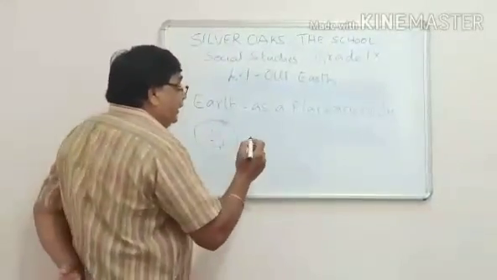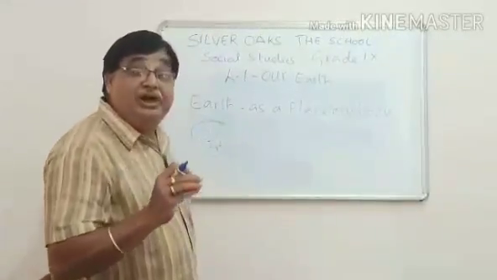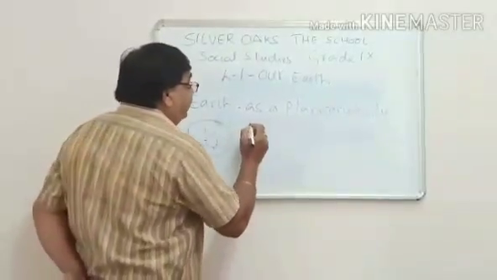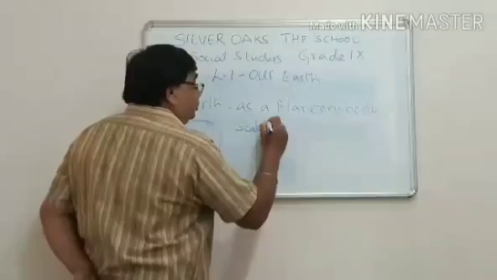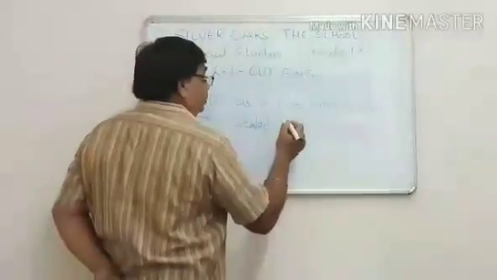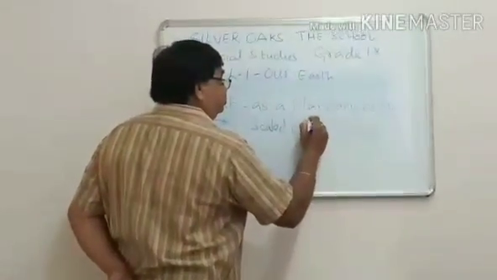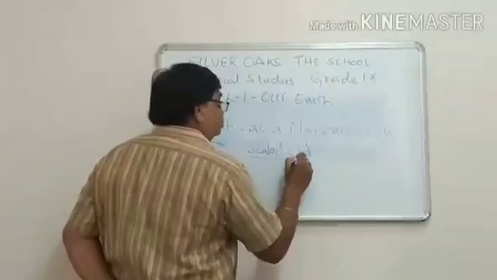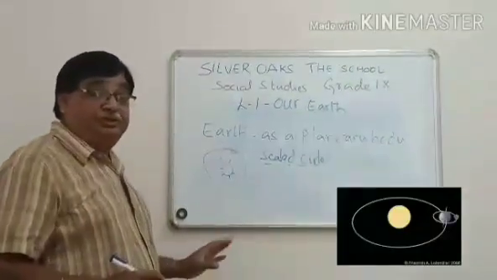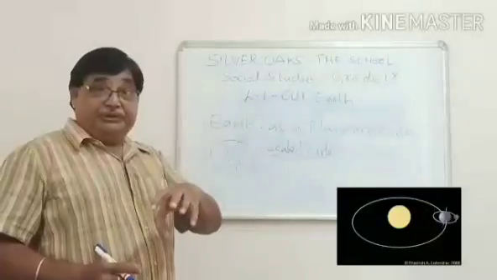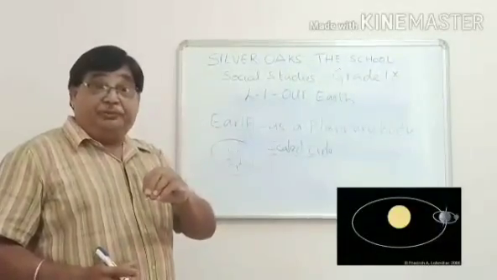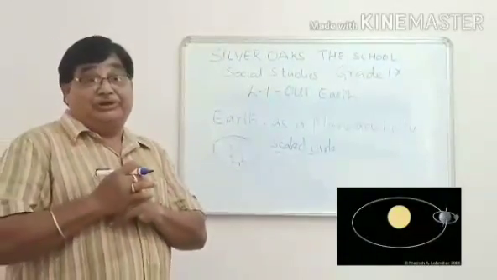In fact, the shape of the orbit is a squashed circle. This is the shape. That means the Sun will be in the center, but at certain times the Sun will be closer to the Earth.